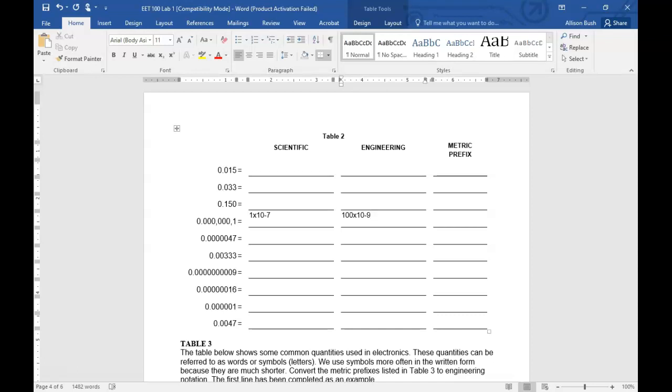Does that make sense to everybody? So what should be my metric prefix for this one? It should be nano. If you're looking at the list, it should be nano. Milli, micro, nano, pico.